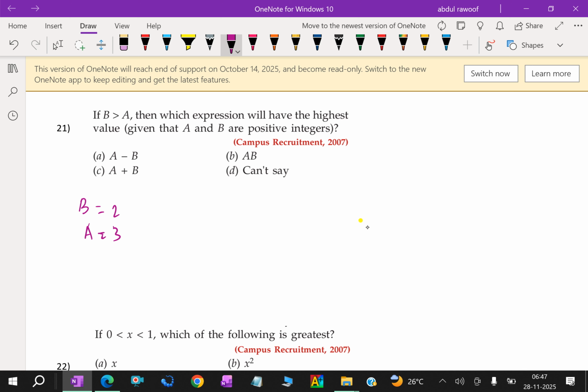So what is a minus b? a minus b is 1. ab is 2 into 3, 6, and a plus b is 2 plus 3, 5, and so we can see here this ab is the highest.